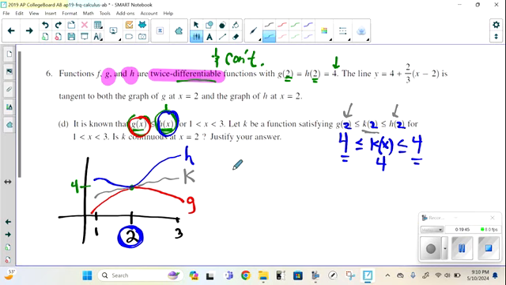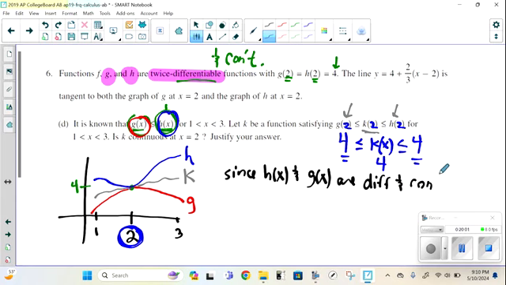I'm going to say that since h of x and g of x are differentiable and continuous, and h of 2 equals g of 2, which is 4.